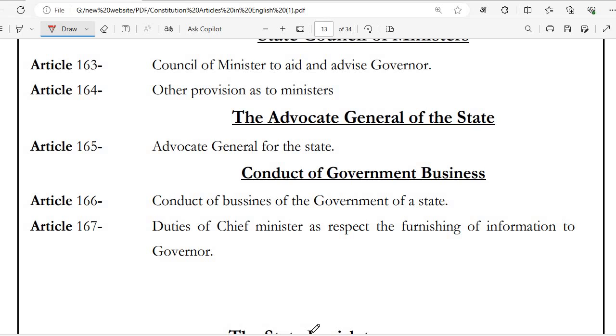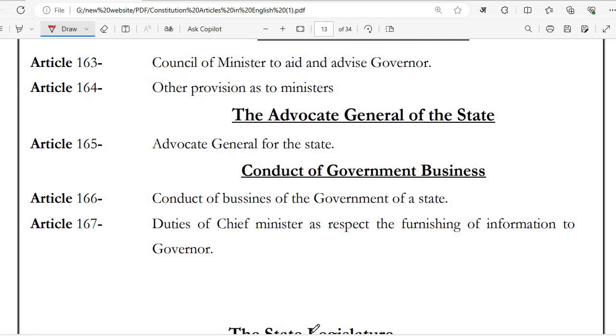As we have discussed the Attorney General of India, this is Advocate General of States, the first law officer of the states appointed by the Governor. Article 166, 167, Conduct of Government Business. 166, all the business of states shall be done in the name of Governor through the state government, and it is the duty of Chief Minister to convey or furnish the information to the Governor regularly.